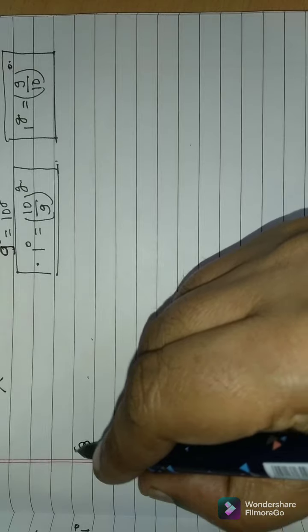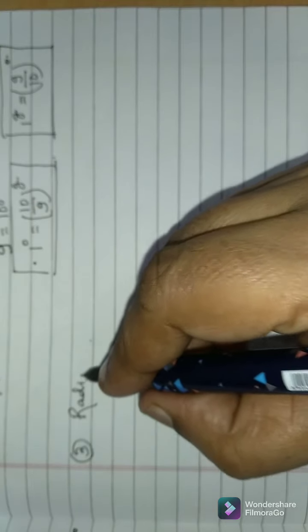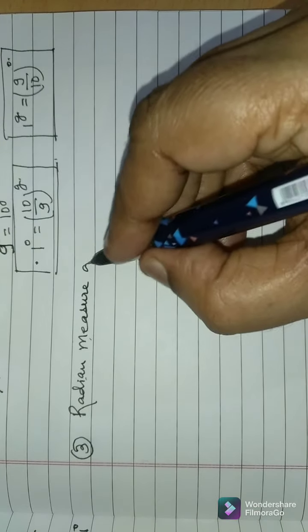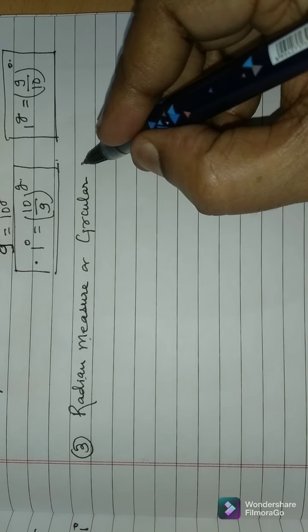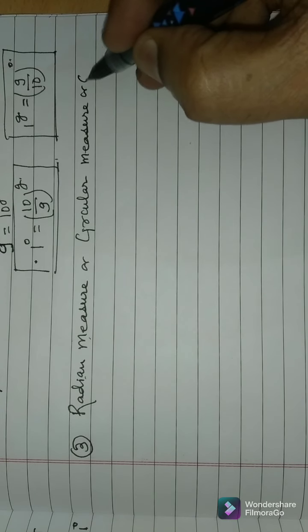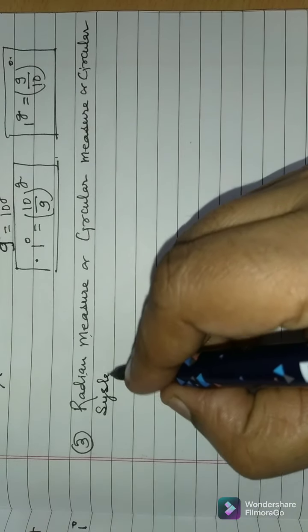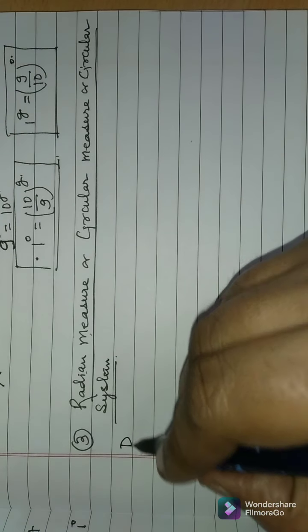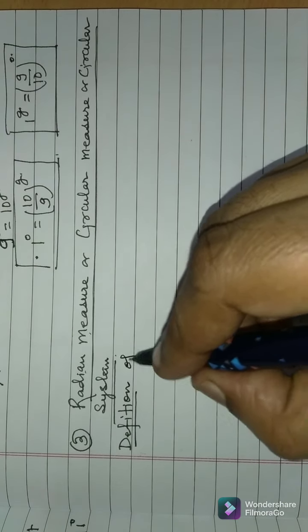Now the third system is radian measure, or it is also known as circular measure or circular system. So first of all, we have to give the definition of 1 radian.